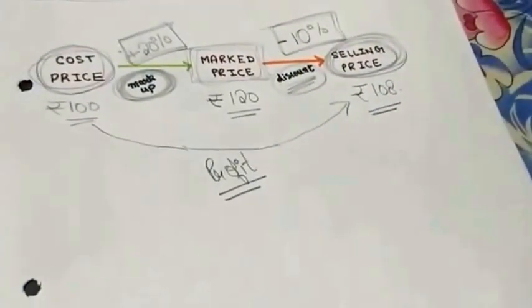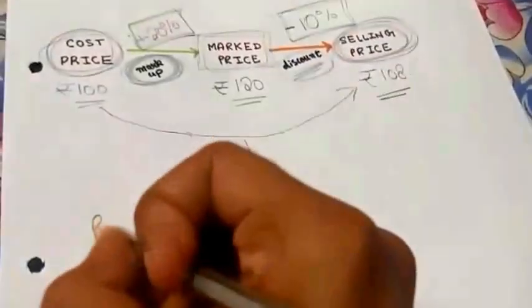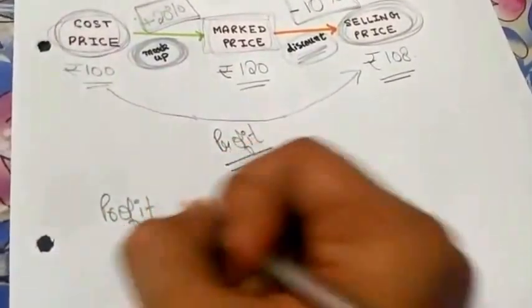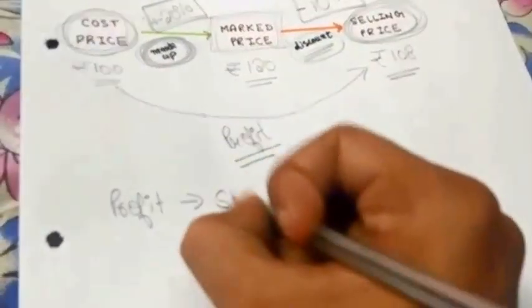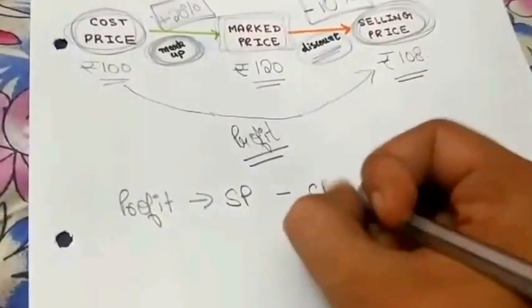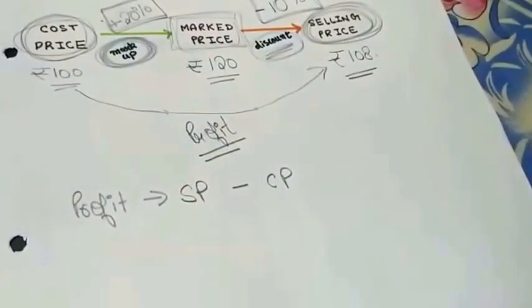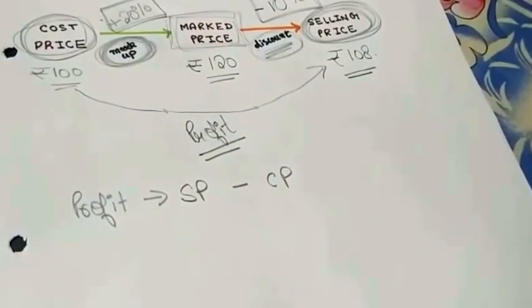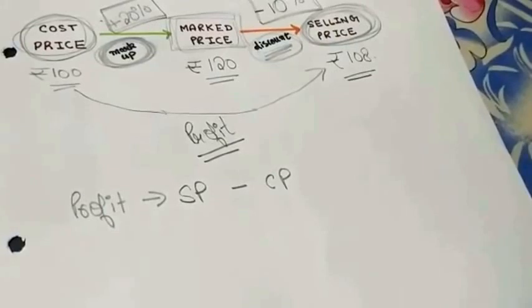So this profit is equal to selling price minus cost price. SP equals the selling price, CP means the cost price.